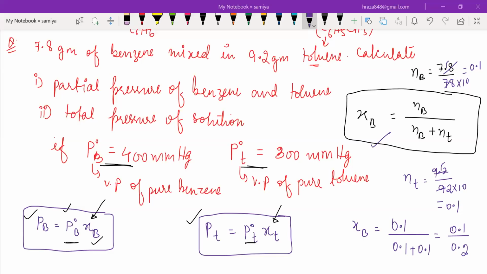Darshan, are you there? I just got disconnected. So you can see this will be cancelled. So the mole fraction of benzene will be 1/2. Now what you need to do is, P naught B has a value 400 and the mole fraction of benzene is 1/2, so it will have a value 200 mmHg.